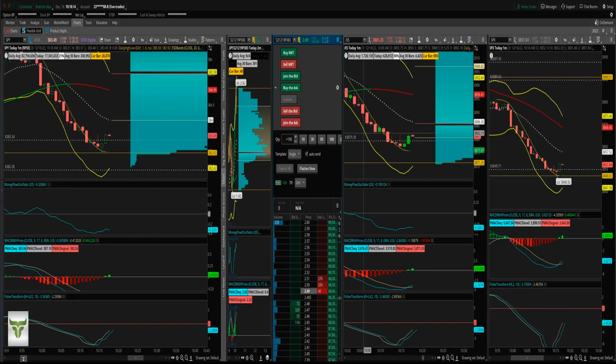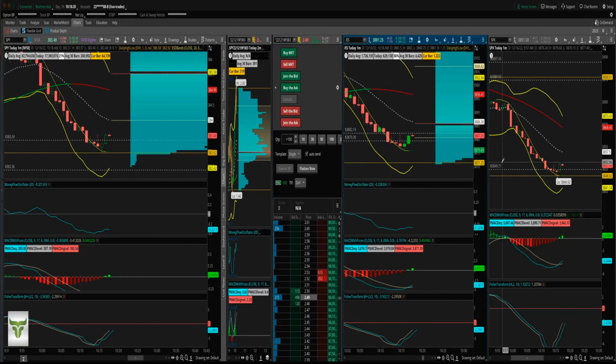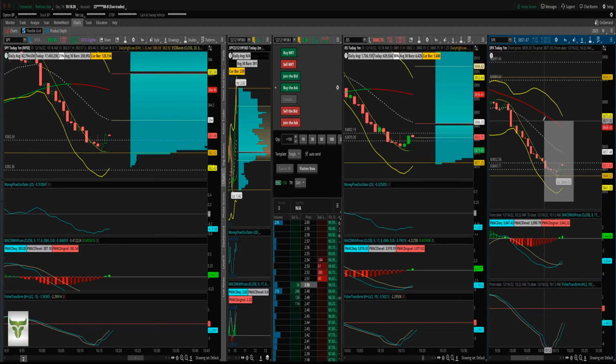So if it tops out on that candle right there, that's going to be the next resistance. So that you can see it right there.